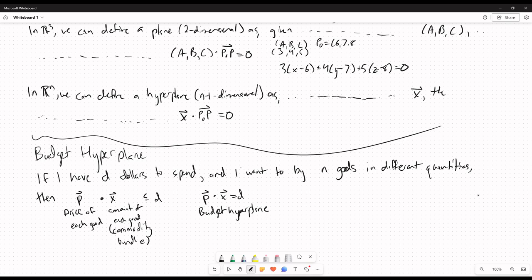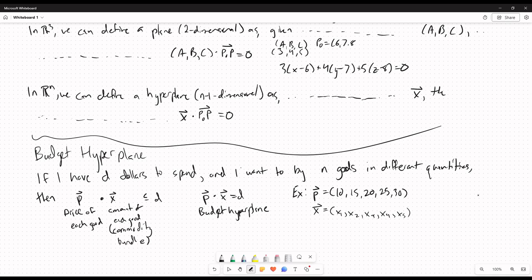Let's do an example. Let's say I have 5 different goods and their prices. Say my price vector equals 10, 15, 20, 25, 30. And let's say I don't know how much I want to buy of these yet. So my commodity bundle will just be given by x1, x2, x3, x4, x5.